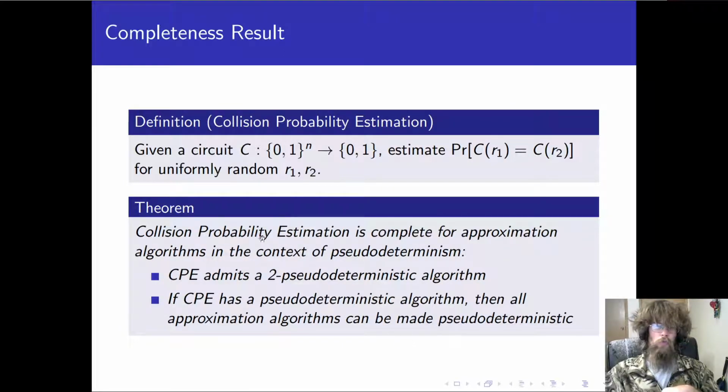And we proved that this is complete for approximation algorithms in the context of pseudodeterminism, in the sense that if you can make this pseudodeterministic, you can make any approximation algorithm pseudodeterministic.